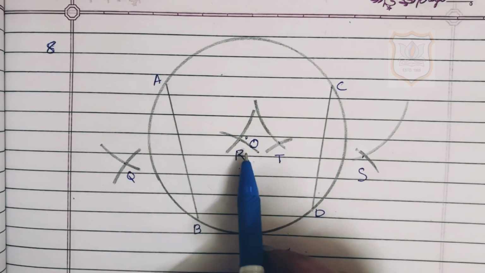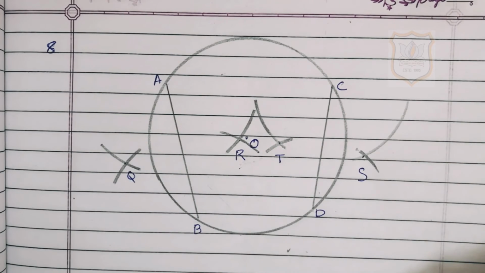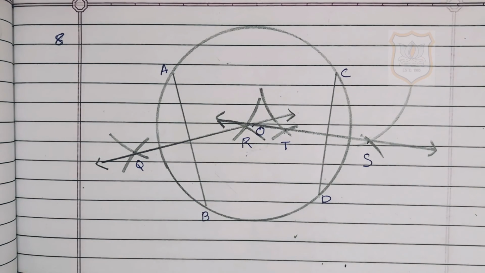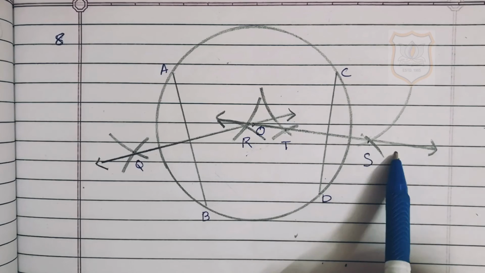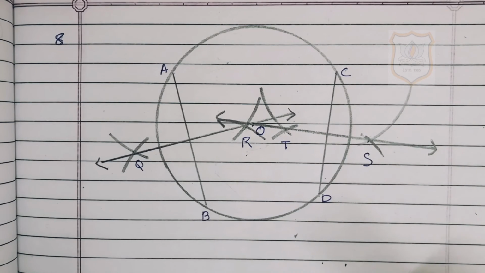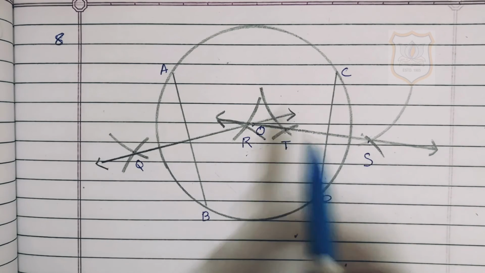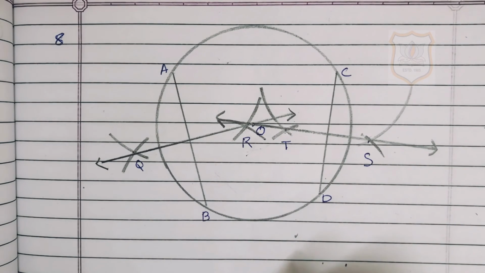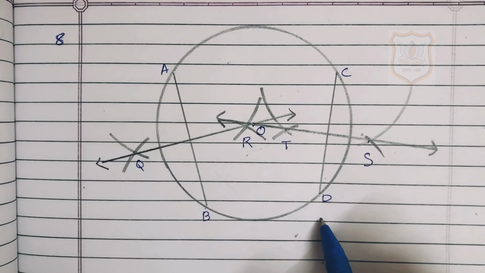Now we will join these points R, Q and points T, S with the help of a ruler. So in this way students, we have joined QR and TS. Now step 4 is that QR and line ST are perpendicular bisectors of the chords AB and CD respectively.